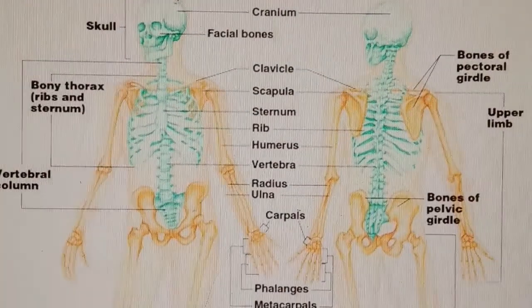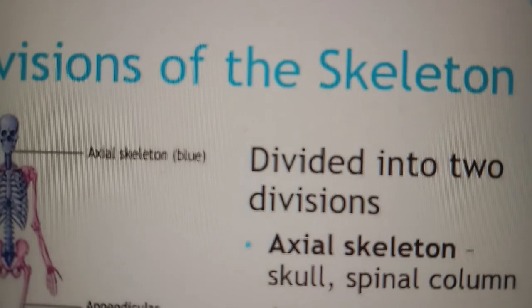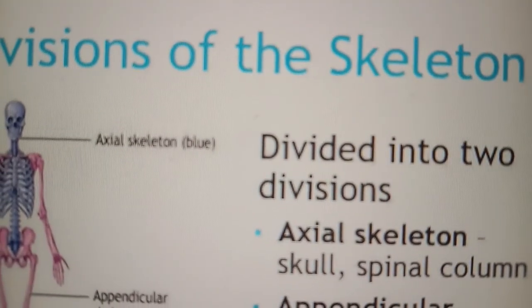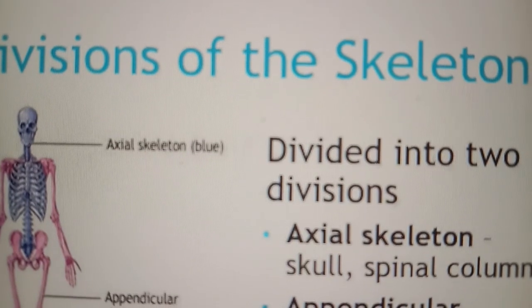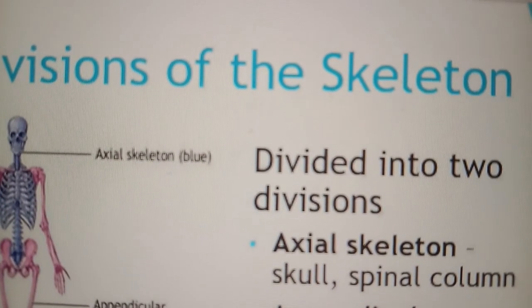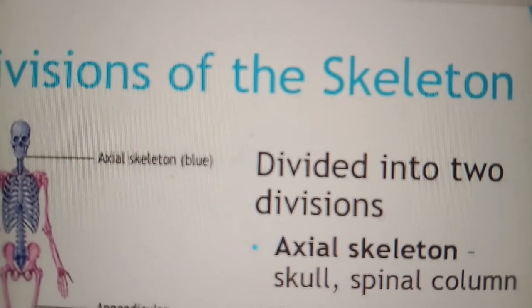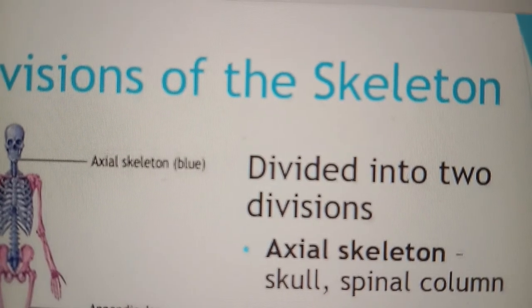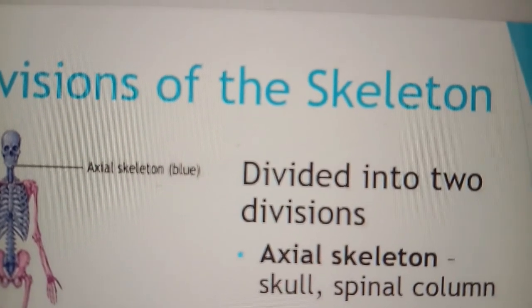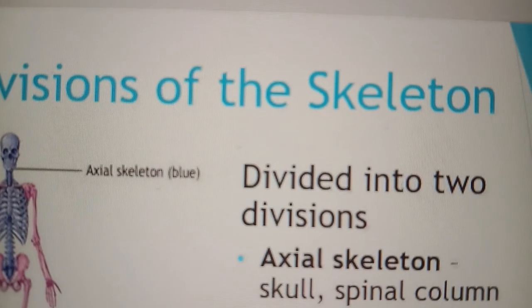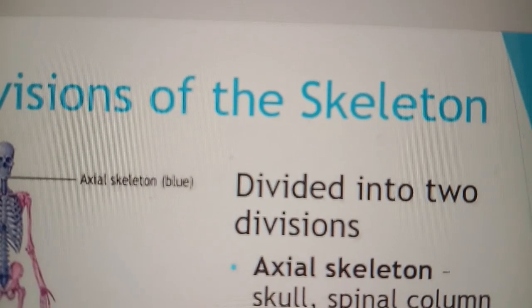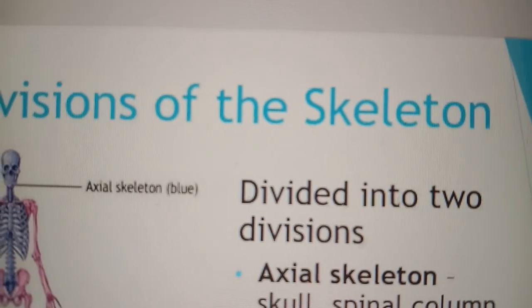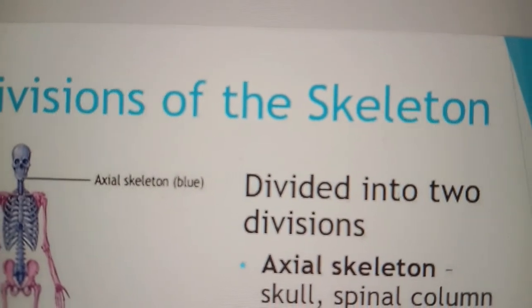For the axial skeleton, let us see. It supports and protects the organs of the head, as you can see in the picture, neck, and trunk. So the 80 bones of the axial skeleton form the vertebral axis of the body. They include the bones of the head, the vertebral column, the ribs, and the breastbone or the sternum.